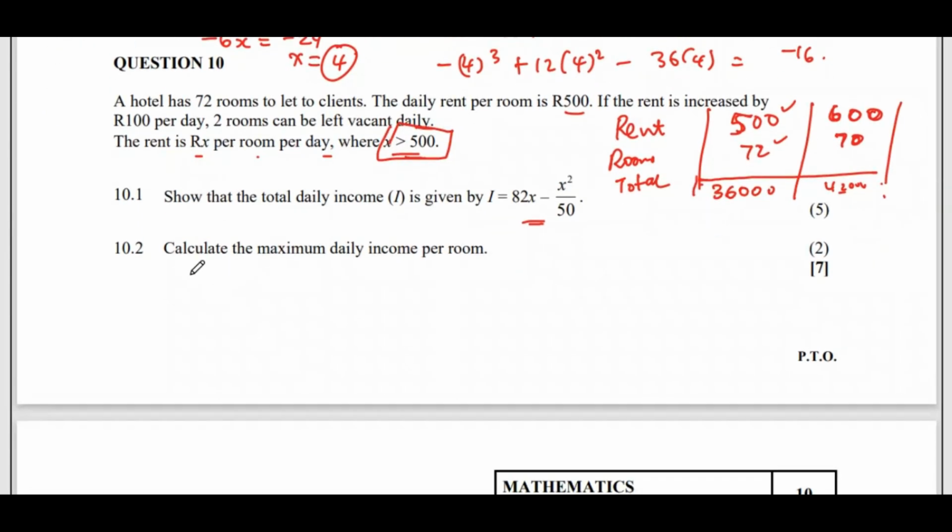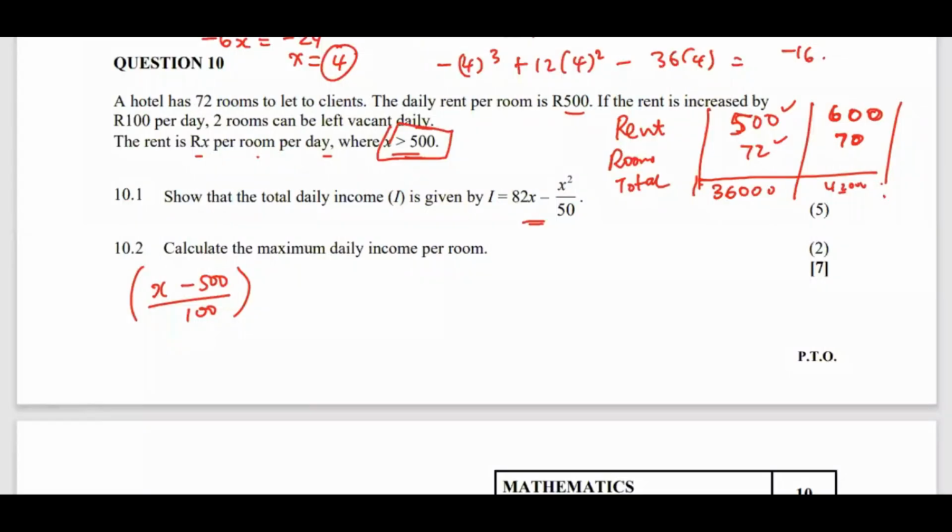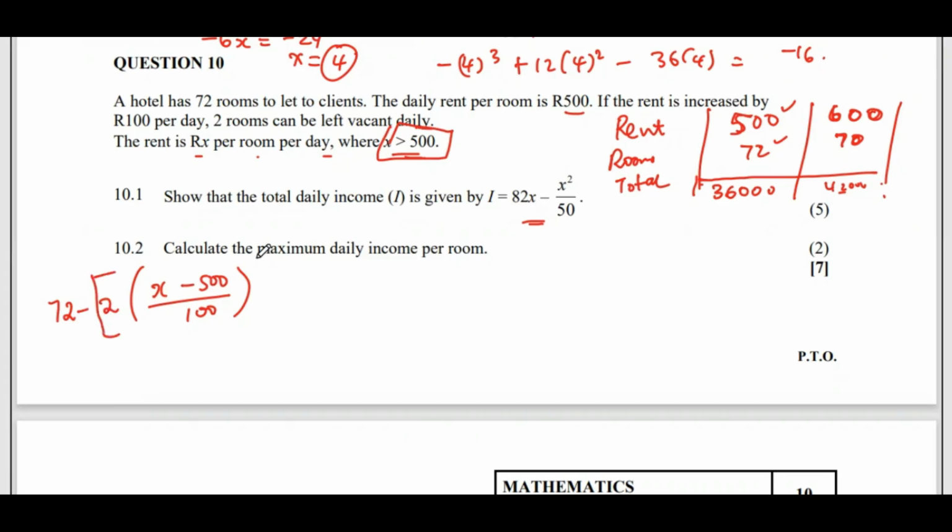So we can say we have X minus 500 over 100, multiplied by, okay, 72 minus the rate that is causing everything to decrease, because if 2 rooms are left vacant, then the number of rooms rented decreases.